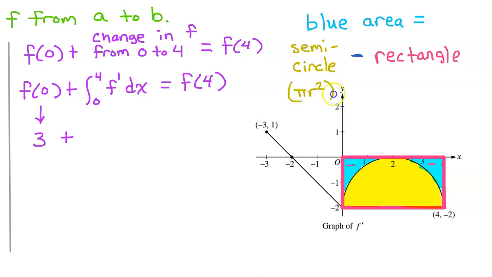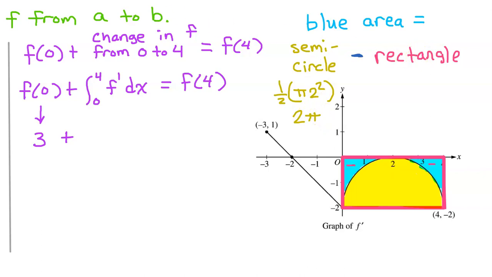So the area of a semicircle will be half that. In this case, the radius is 2. So this becomes 1/2 pi 2 squared. So this is pi times 4, or 4 pi, and then half of 4 pi is 2 pi. So the area of the semicircle is 2 pi.